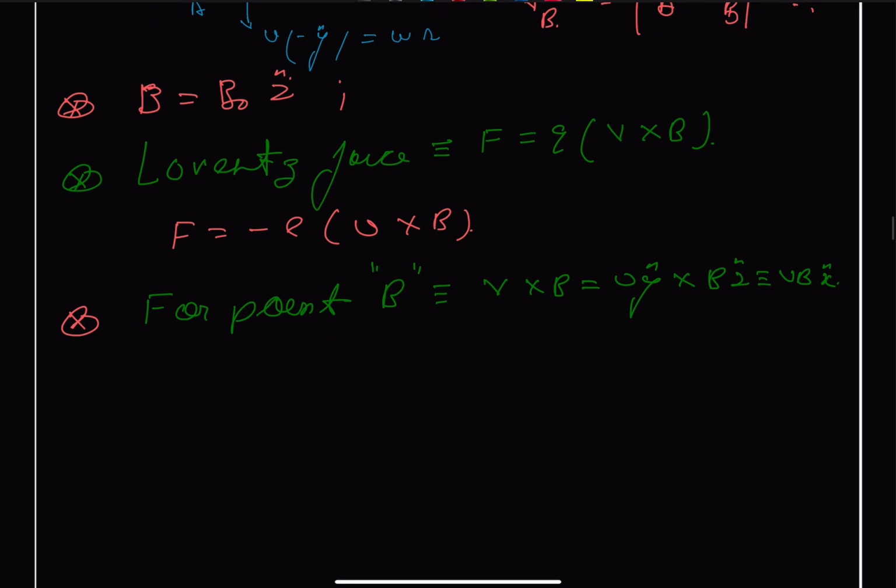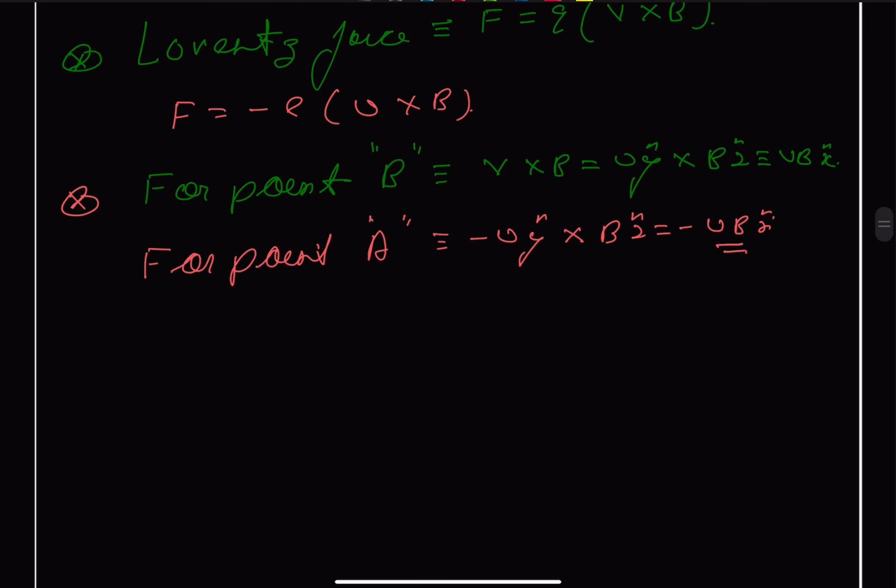Similarly, we can do it for point A. For point A, we get minus V Y unit vector cross Z unit vector, which gives us minus VB X unit vector.